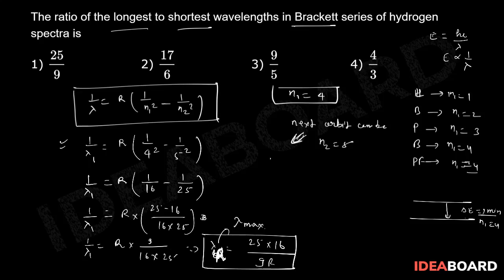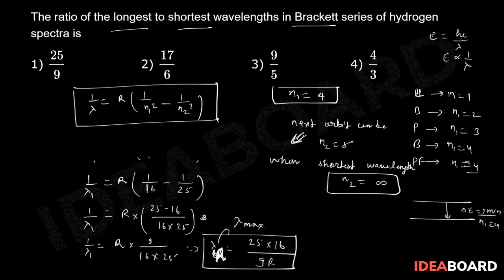Now when we are talking about the shortest wavelength, that means n2 should be infinite, so that as much energy as possible can be utilized.